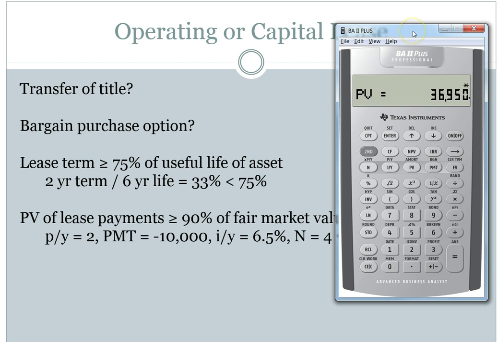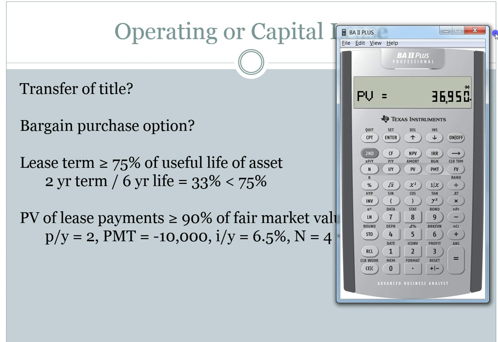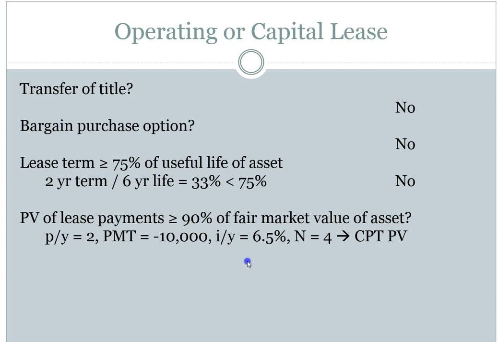The question is, is that 90% or more of the fair market value? And the answer is clearly no. $36,950 is only 41% of the fair market value. And so we're clearly less than 90%. So we answer no to this question as well.